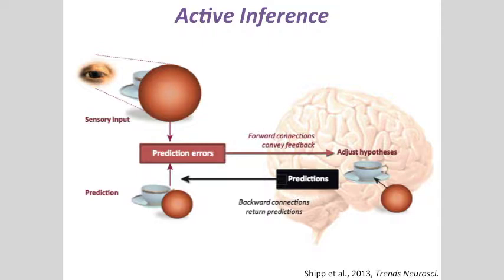Those predictions are relayed down a cortical hierarchy to sensory areas that are actually receiving sensory signals from the periphery, from the outside world. The role of those sensory regions is to compute the difference between the prediction and what's actually being received, and relay that difference back up the hierarchy as prediction error. That's what's actually sent back up the hierarchy. And then these regions adjust their predictions based on the prediction error signal they're getting.